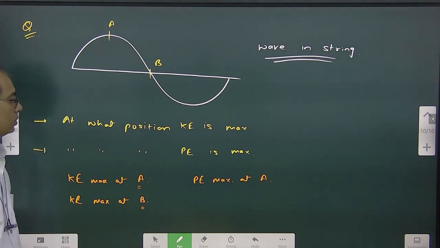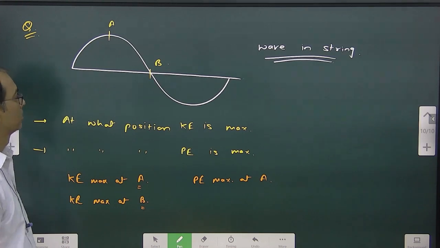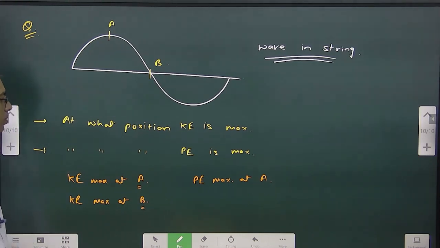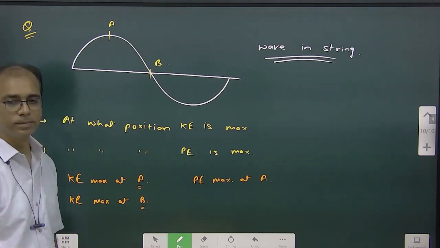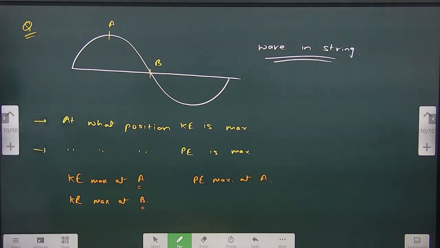Potential energy is maximum at point A, sir. Okay. Potential energy maximum at A and kinetic energy maximum at B. Anybody with a different answer? Yes, Ashini, what's your answer? So the same, sir. Kinetic energy is maximum at B.